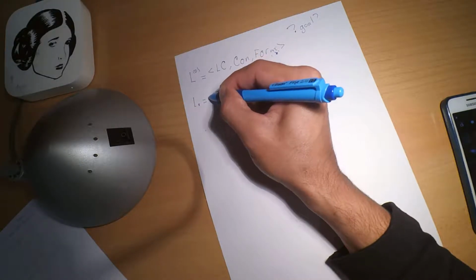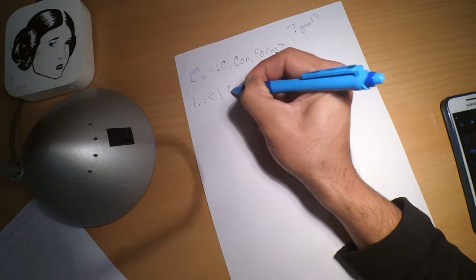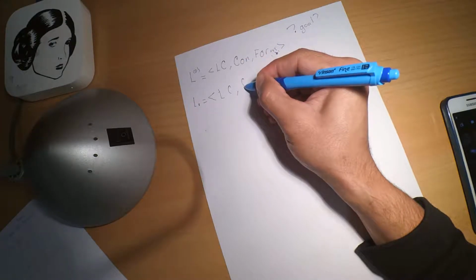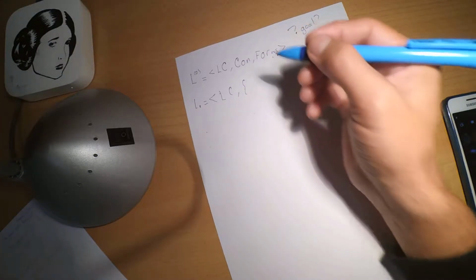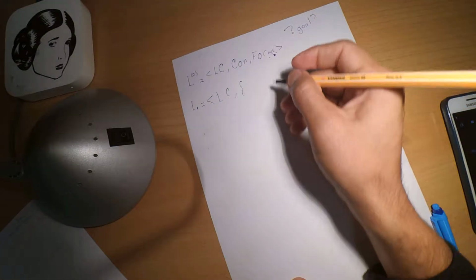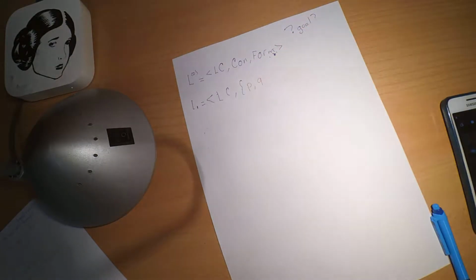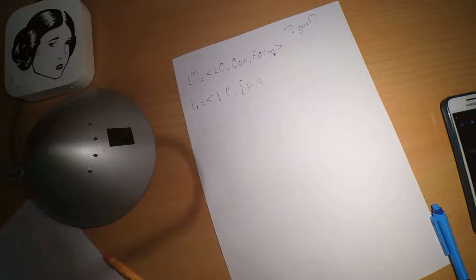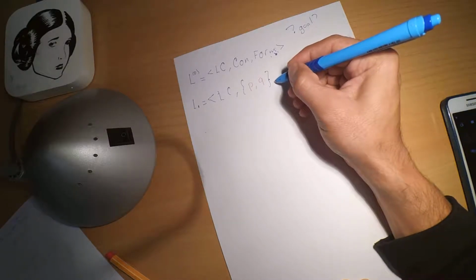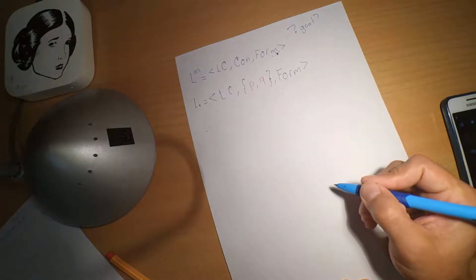So I'm going to put here the logical constants, and inside the non-logical constants I'm going to put P and Q. This is my non-logical constants at the beginning, and as well, comma, form. This is one special language.